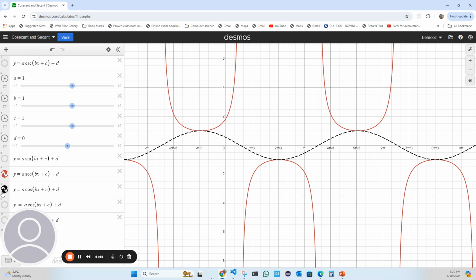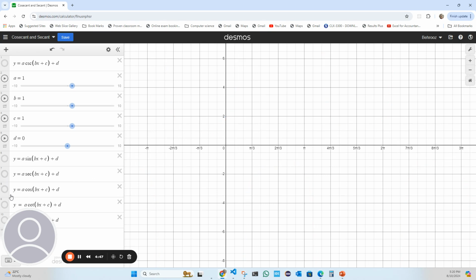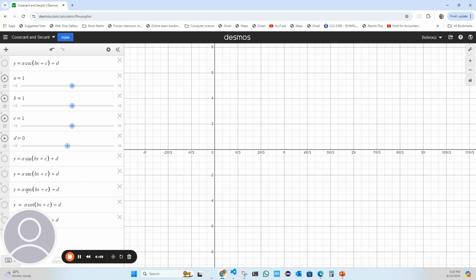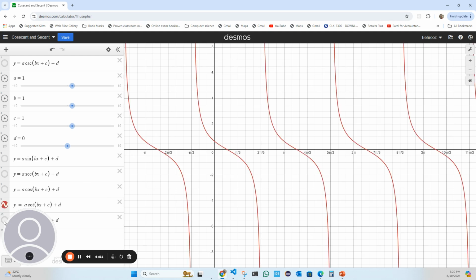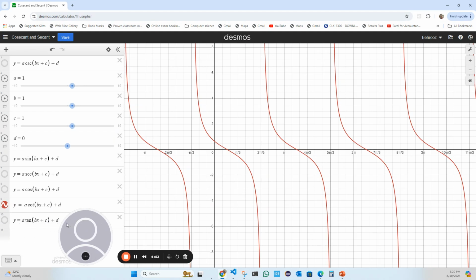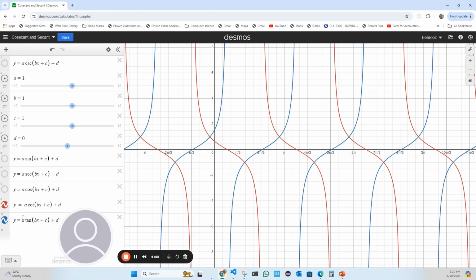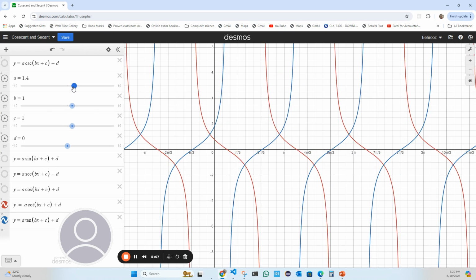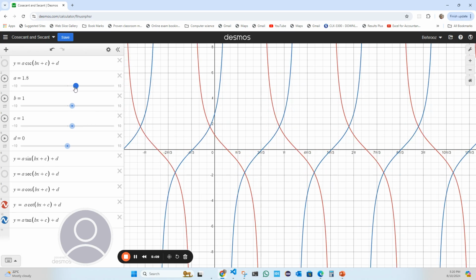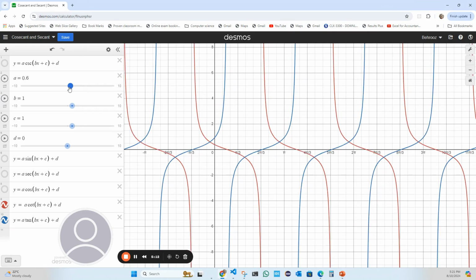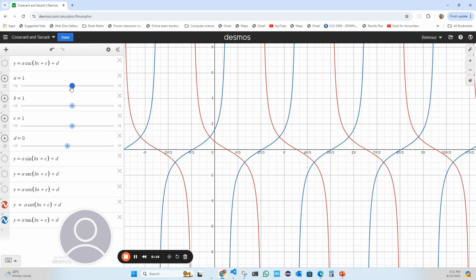And if you would like to see cotangent graphs, you can turn on the cotangent graph, and what you notice is that if I move that around, tangent and cotangent move in sync with each other in this manner. So I encourage you to play around with these and explore these translations for yourself.